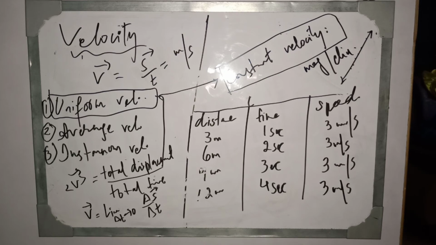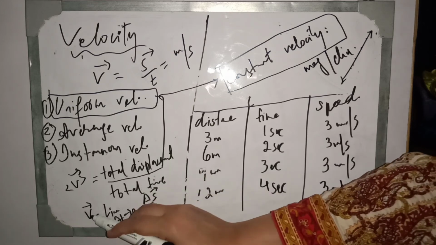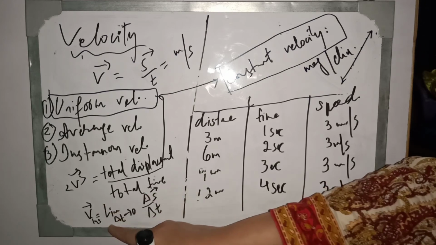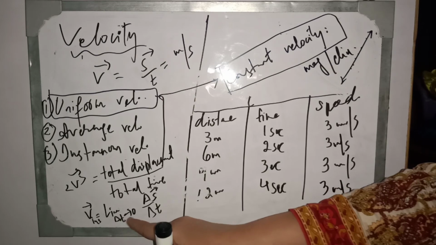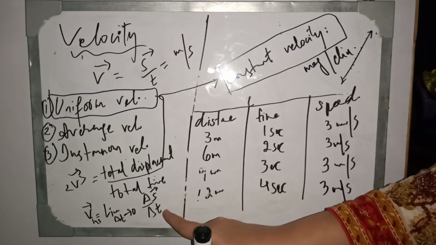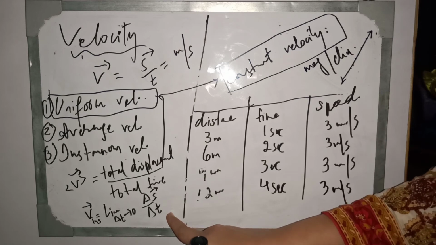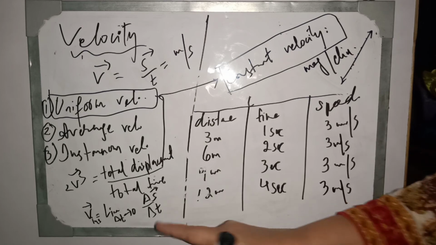Limit delta t approaches 0 means we have taken such a small piece of time that it is approaching 0 seconds. So instantaneous velocity is the velocity at a particular instant, and its equation is limit delta t approaches 0, delta s divided by delta t.